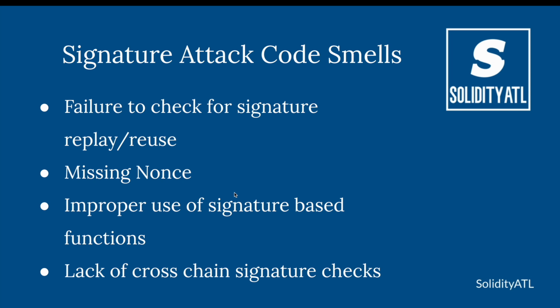It needs to make sure that we're on the proper chain ID when validating that signature. So chain ID is another important parameter to include in your signature checks if you're dealing with bridge contracts or anything that relies on signatures being used on an alternate chain.